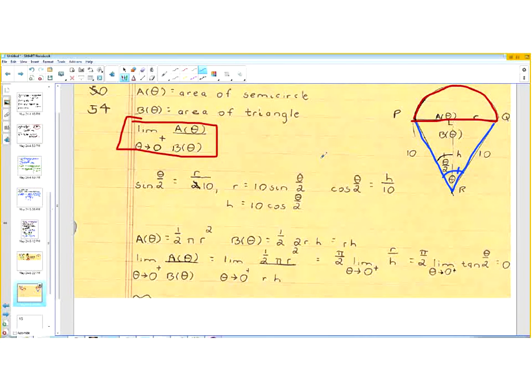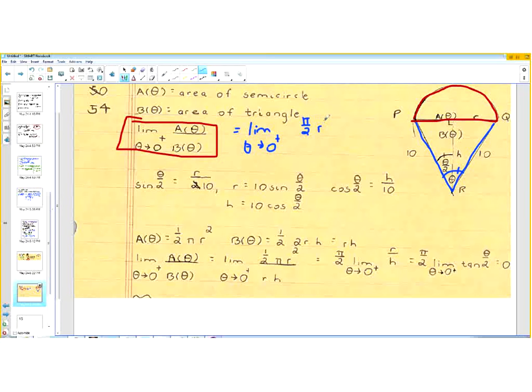Okay. So again, what do we have here? The area of the semicircle starts out like this. What's the area of a semicircle? It's pi halves r squared, right?